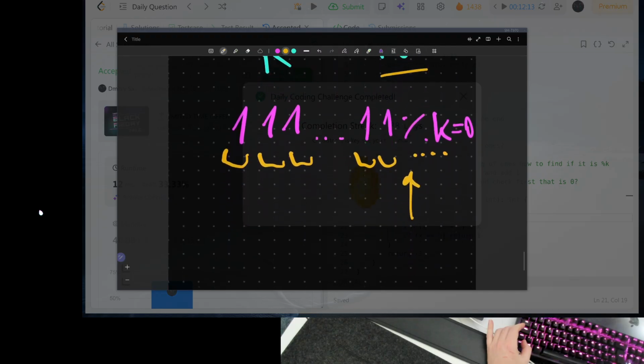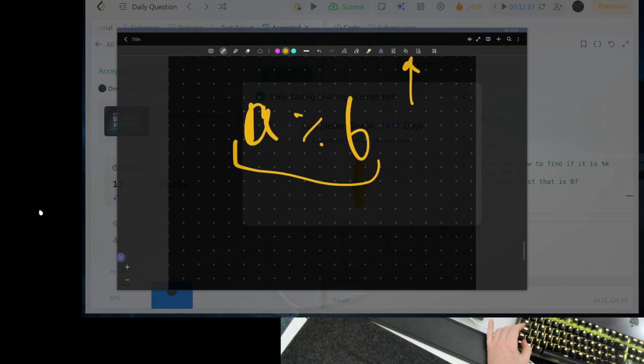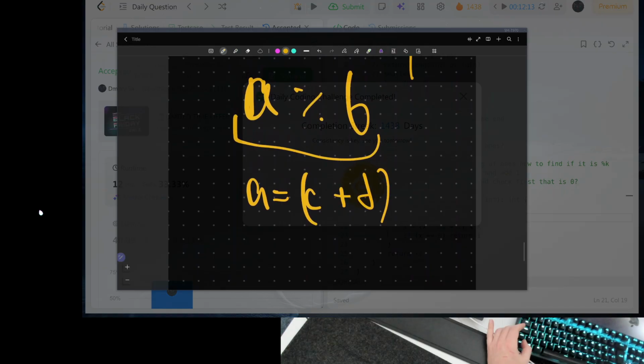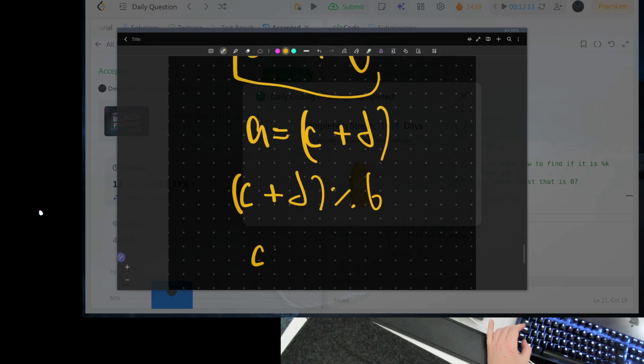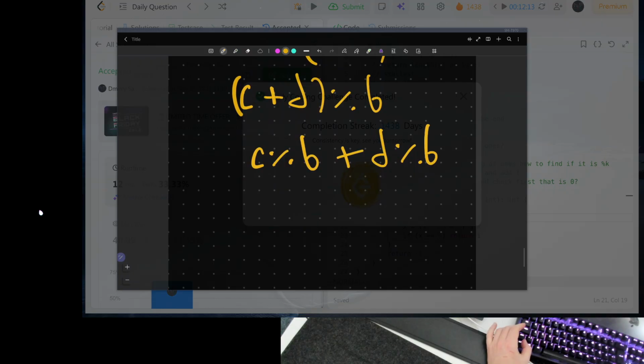it has some properties. If you do A modulo B, and for example A can be C plus D, it can be transformed into C plus D modulo B, or even C modulo B plus D modulo B. The same property holds for multiplication.